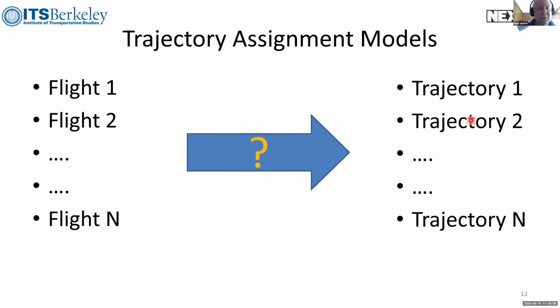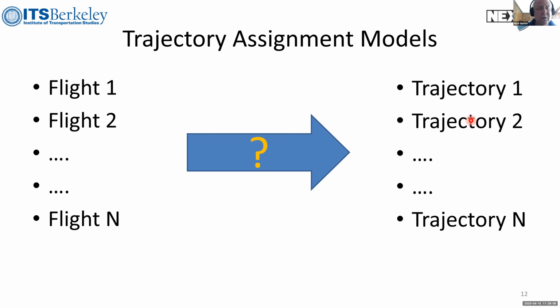We have n flights, we have n trajectories, and what patterns, what insights can we tease out from trying to predict which of the unique flights chose the unique trajectory that it did? So this is an end-to-end matching problem.